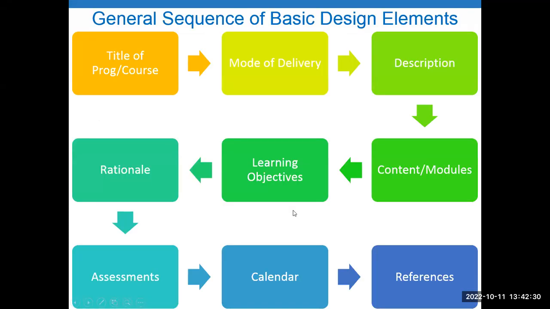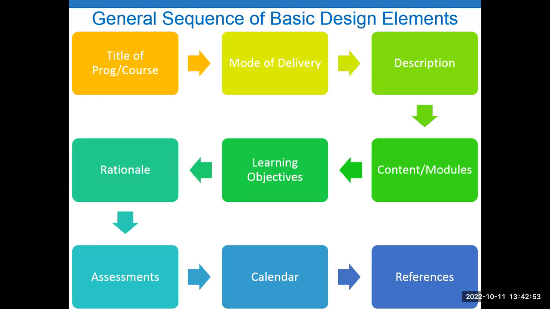So just to give you a synopsis, and I'm just realizing that neon green was probably not the best color to use, but okay. This is a general sequence of basic program or course design elements when you're doing your proposal. You're going to have the title of the program and by extension the title of the course.